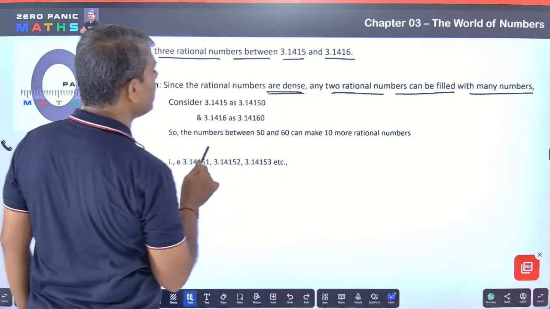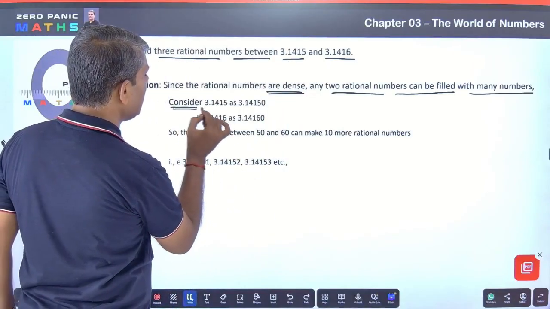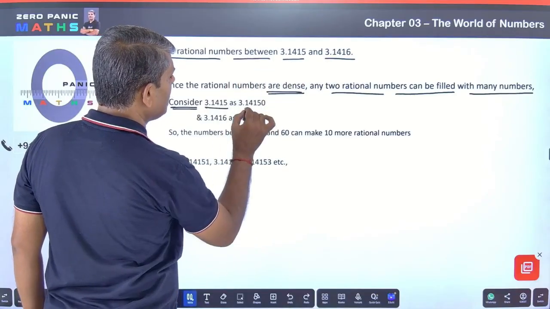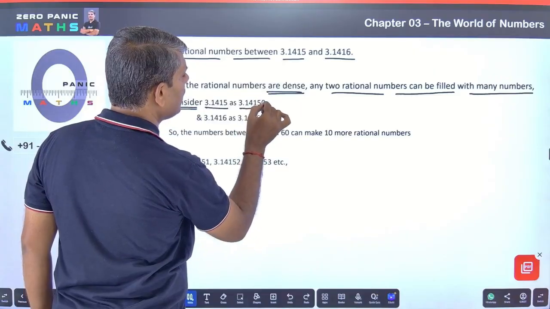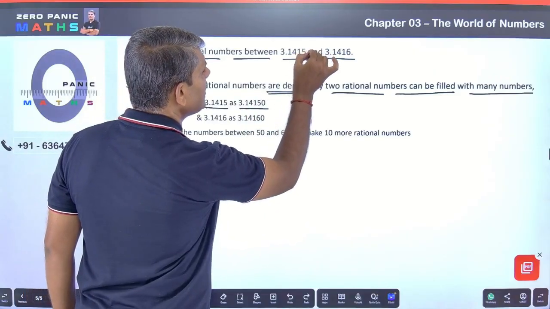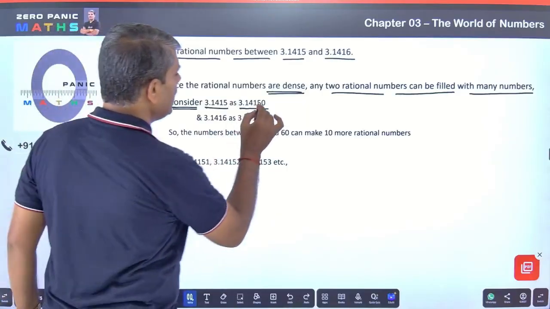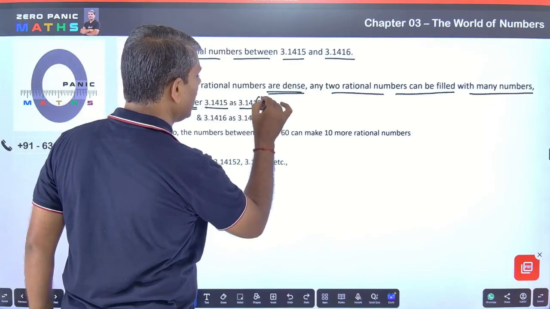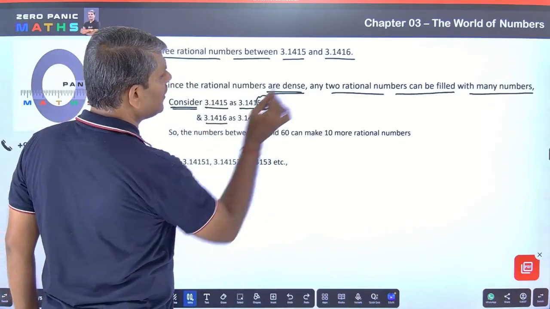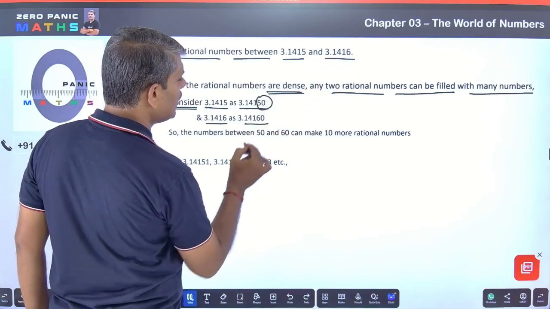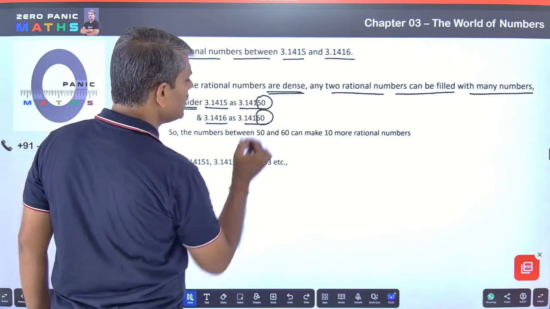And how am I converting that? You see, consider 3.1415. I am considering it as 3.14150. Adding a 0 on the right side of the decimal is always allowed. And I will convert the second number, 3.1416, as 3.14160.